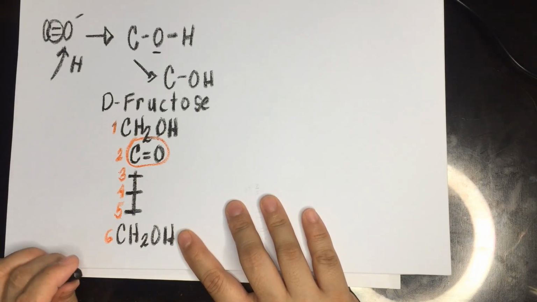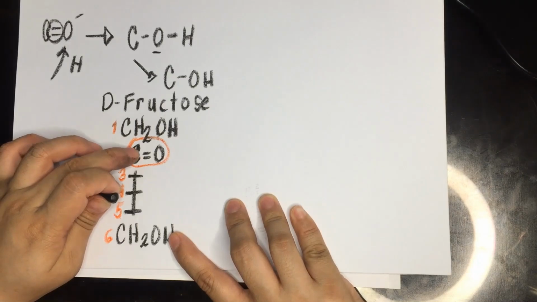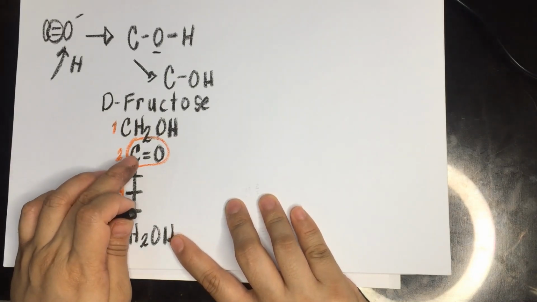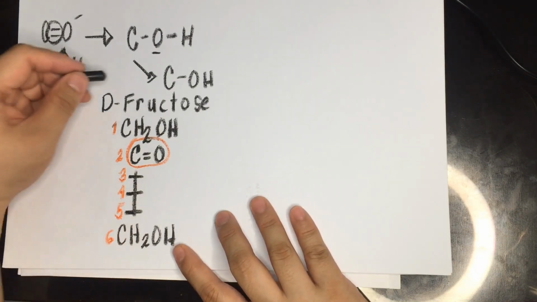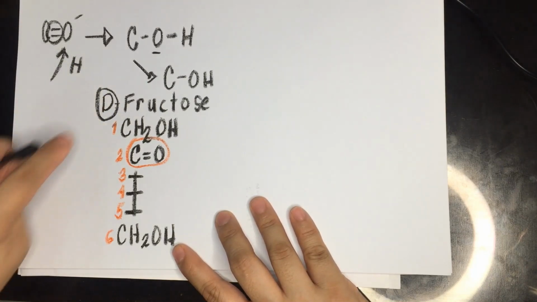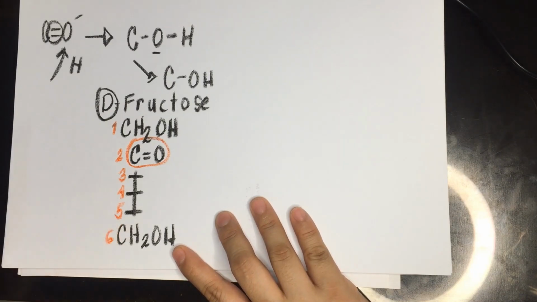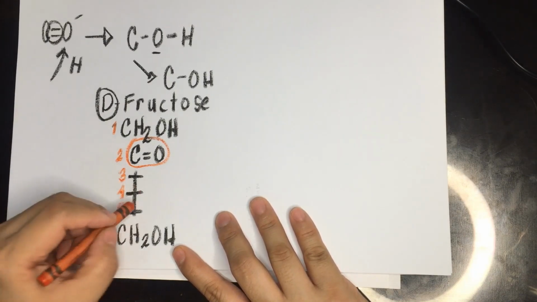After we were able to write the 2 terminal ends and the functional group found on the second carbon, we are now going to determine the configuration. For our D-fructose, we are going to get the highest chiral center, and this is our C5.